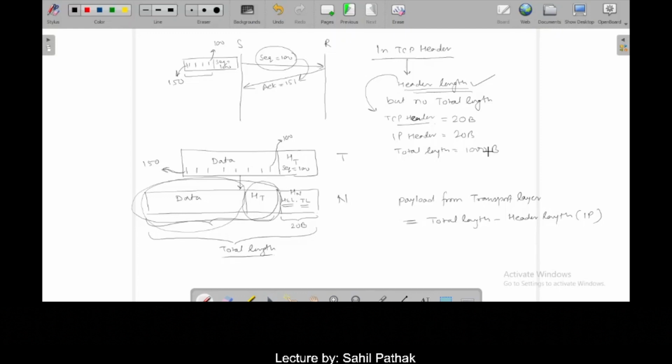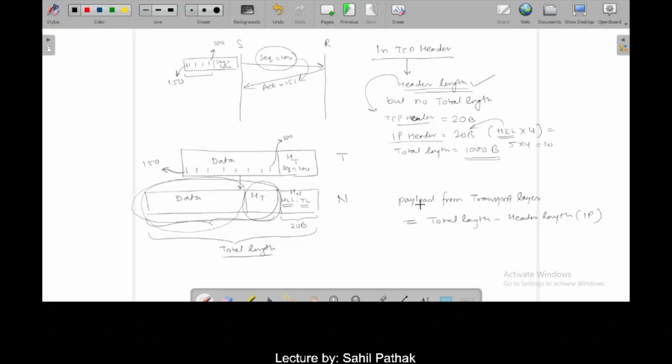Okay, so how have we calculated this IP header? Because there is a field header length, and if we multiply it by 4, that will give me this. So definitely वहाँ पे header length की value 5 रही होगी. If I multiply by 4, I will get 20. So that is how I received the IP header size. IP header size मिल गया मुझे, total length मुझे पता है.